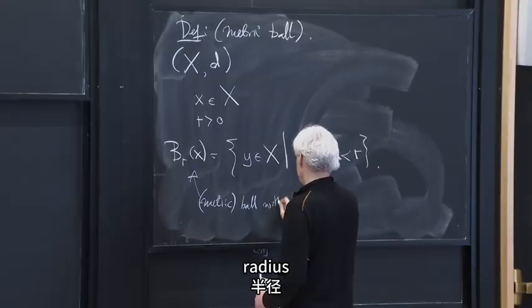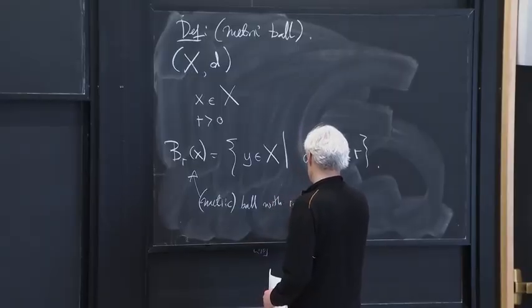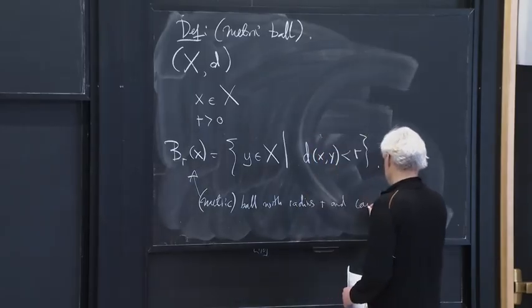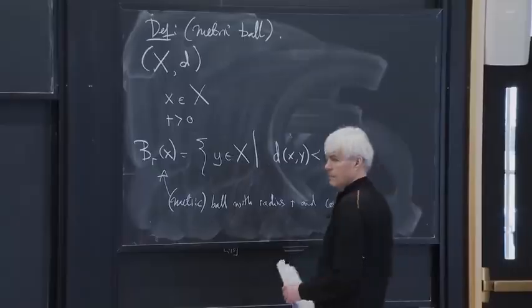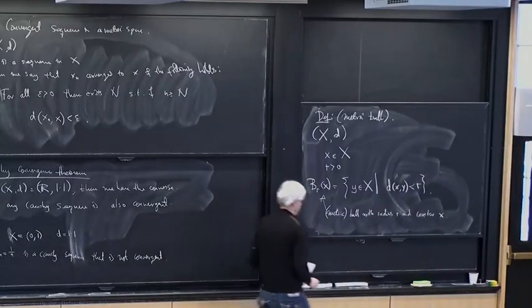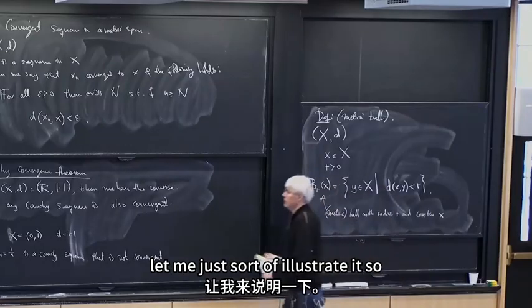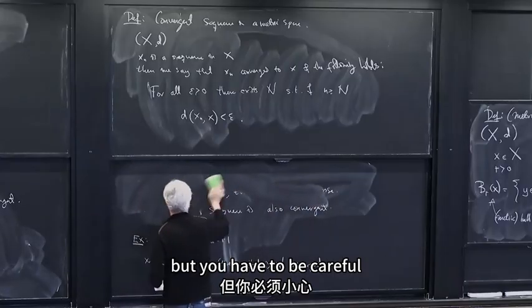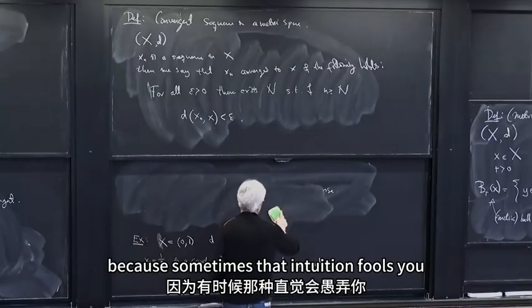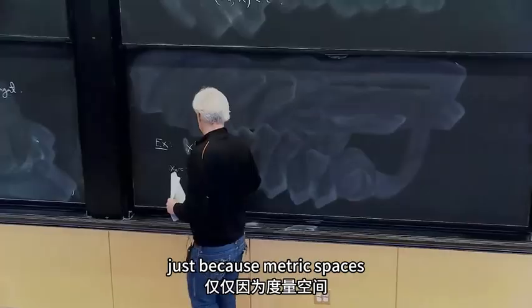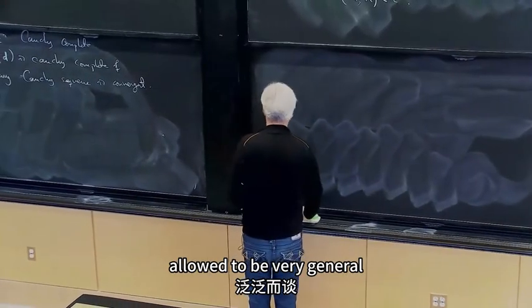With radius r and center x. Now let me just illustrate it. A lot of the intuitions about metric spaces come from thinking about things in Euclidean space, but you have to be careful because sometimes that intuition fools you, since metric spaces are allowed to be very general.